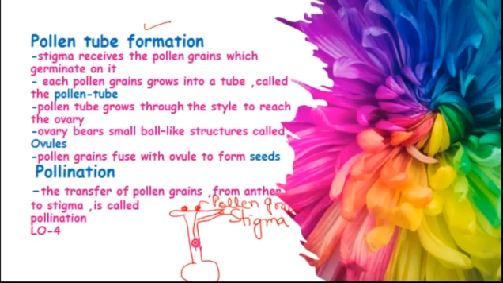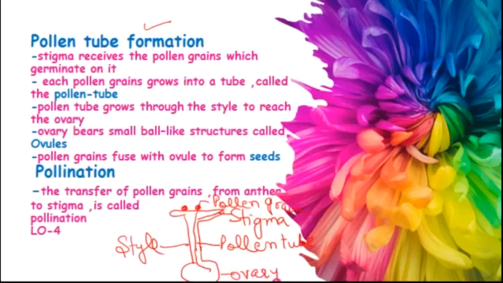This tube is called a pollen tube. Clear? So this pollen tube moves downward towards the style and finally reaches the ovary. So this is the ovary portion of a carpel or the pistil.